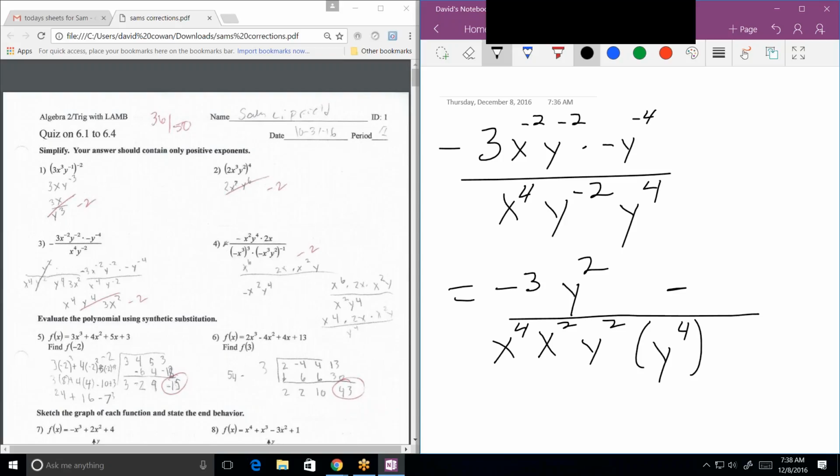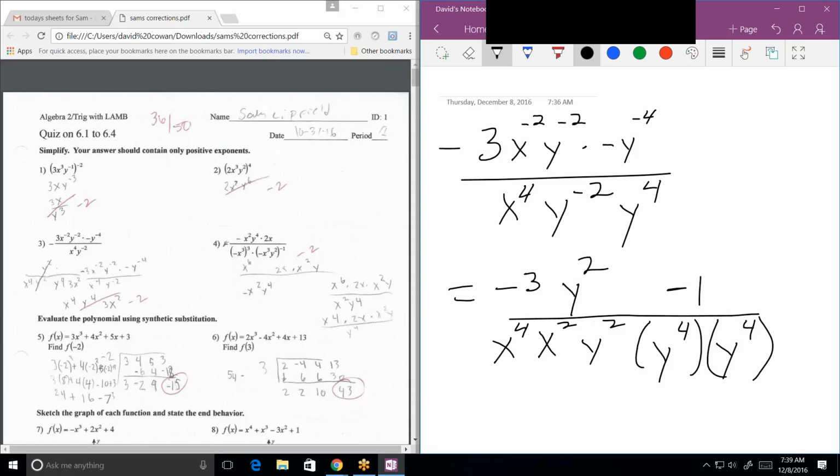There was an x to the 4th and the y to the 4th. And I got another y to the 4th now. Make sure you see how I got everything here. All I did was move the variables that had negative exponents to the other side of the fraction line, both in bottom and in top. And I'm left with that.